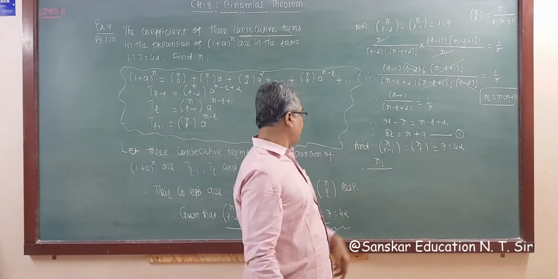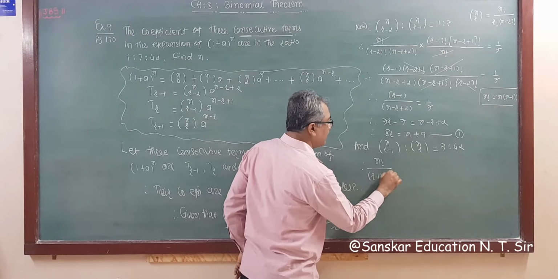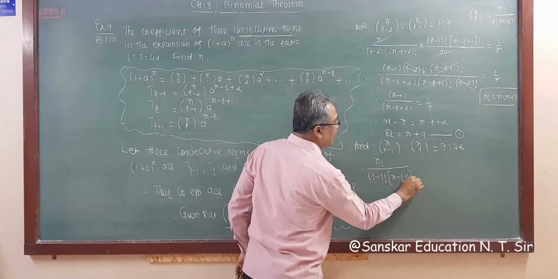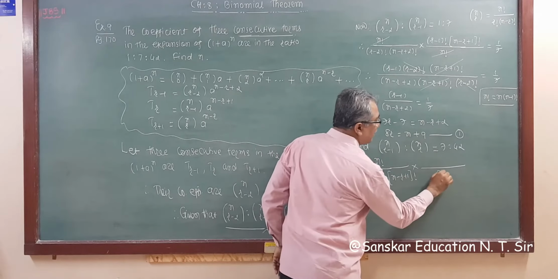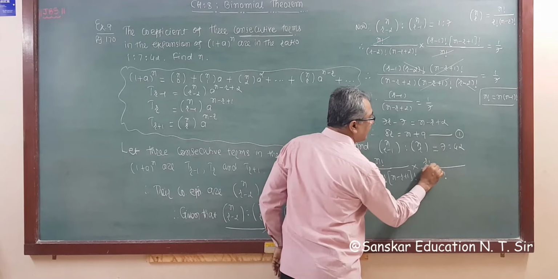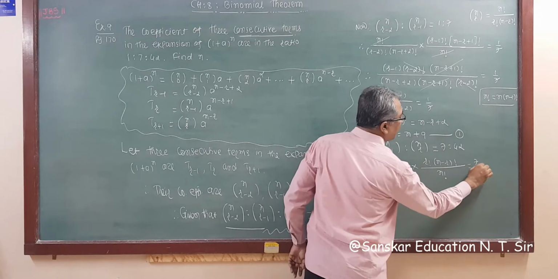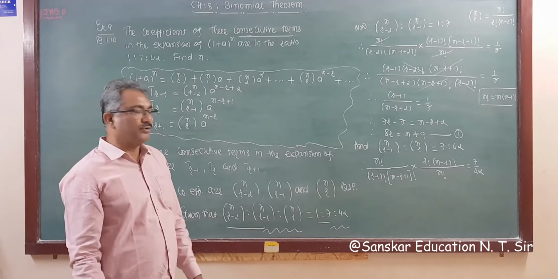So n factorial upon (r minus 1) factorial and (n minus r plus 1) factorial, upon, this is the NCR simple formula, n factorial upon r factorial (n minus r) factorial is equal to 7 by 42, right?